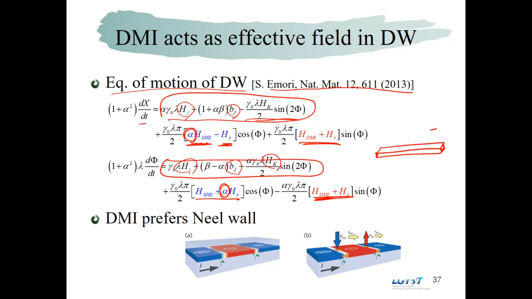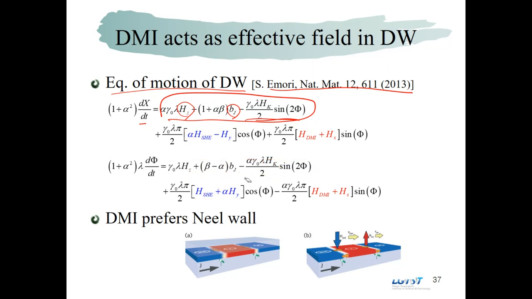The DMI is acting like a longitudinal field. But the spin Hall effect is a little bit more complex because of this alpha. In this equation, this is maybe Q dot. The spin Hall effect is scaled down by alpha compared to the y component.